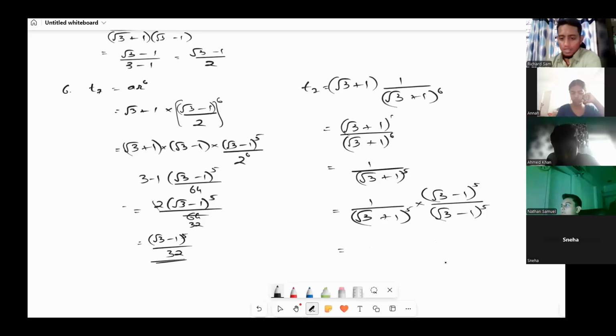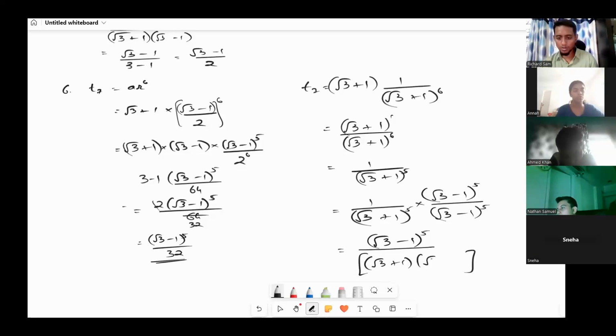Now we can rationalize this. This is a plus b whole raised to 5, so multiply with a minus b whole raised to 5. So root 3 minus 1 whole raised to 5 upon root 3 plus 1 into root 3 minus 1 whole raised to 5.